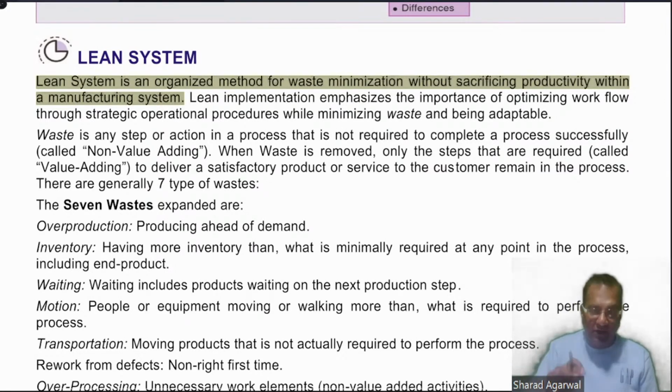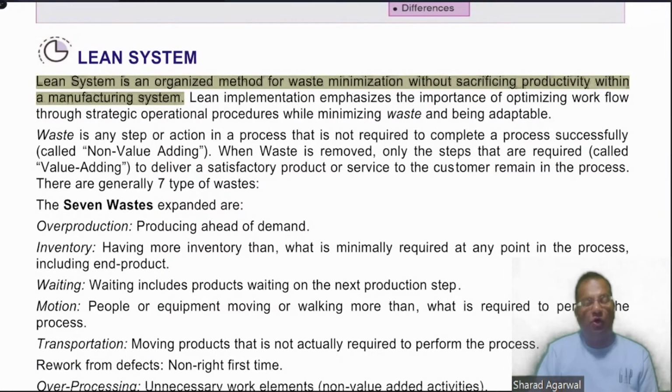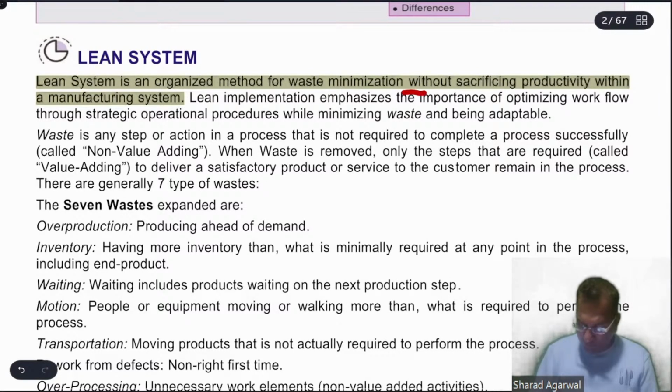So it's an organized method for waste minimization, but you have to keep in mind that in order to reduce the waste, in order to reduce the cost, you cannot compromise on the quality or functionality of the product. That's why it has been written without affecting quality or functionality. And the last important word, within a manufacturing system.